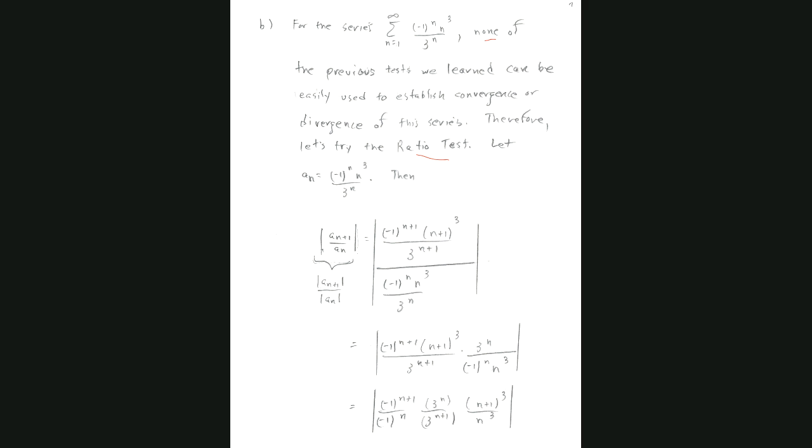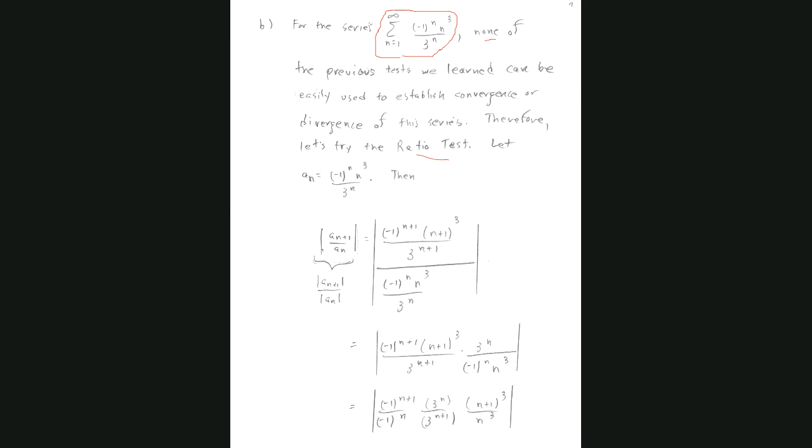So the nth term of our series is -1 to the nth power times n cubed over 3 to the nth. So that's a sub n in the denominator here.